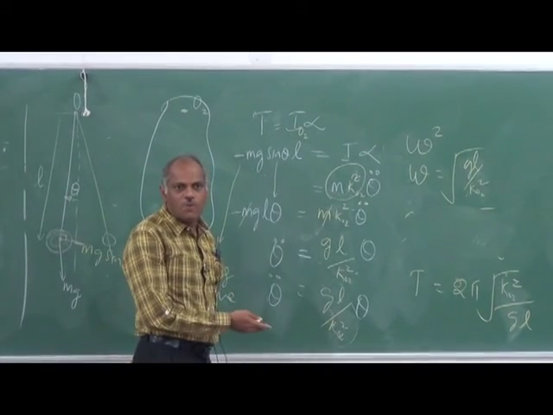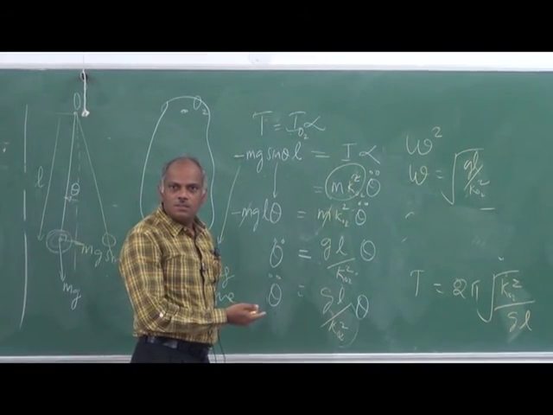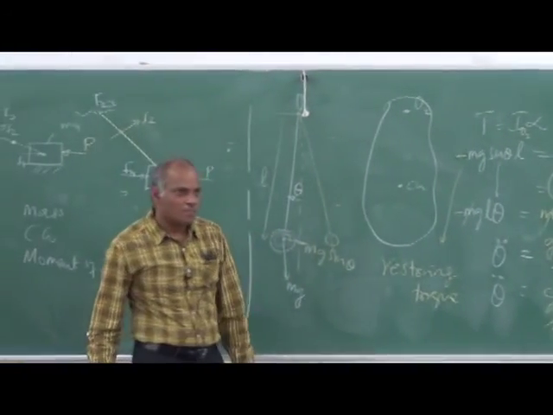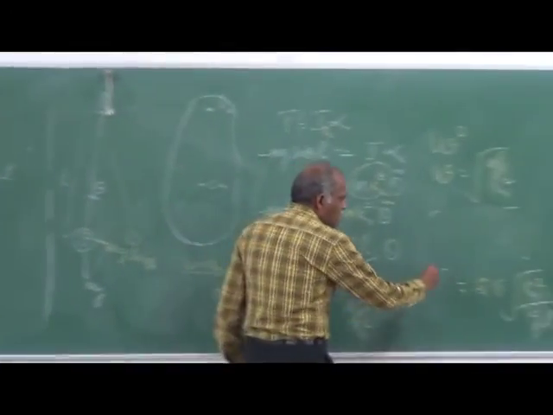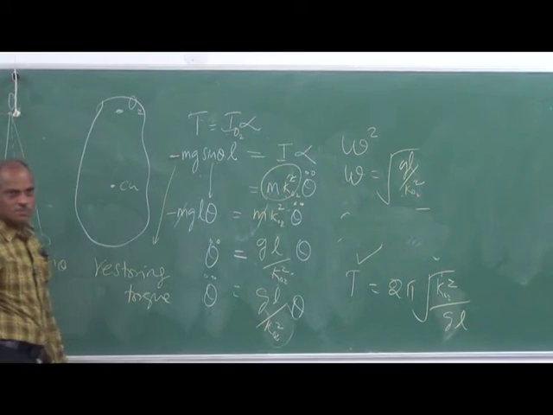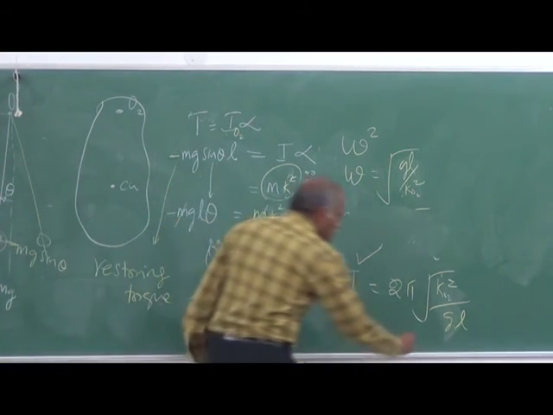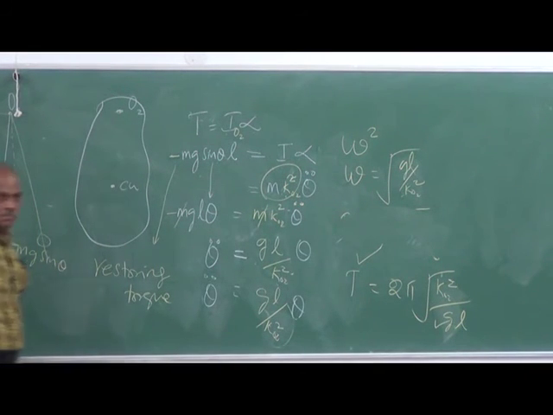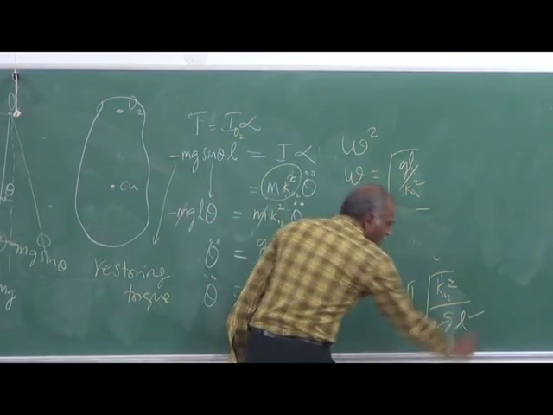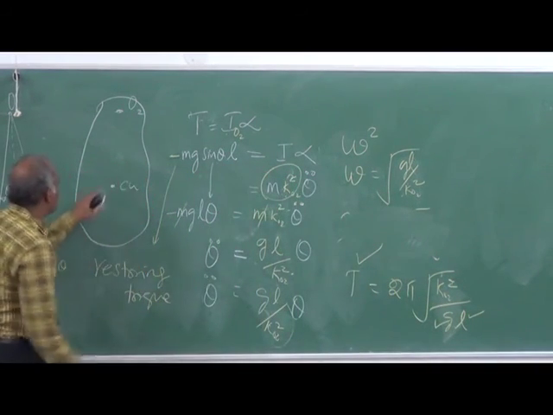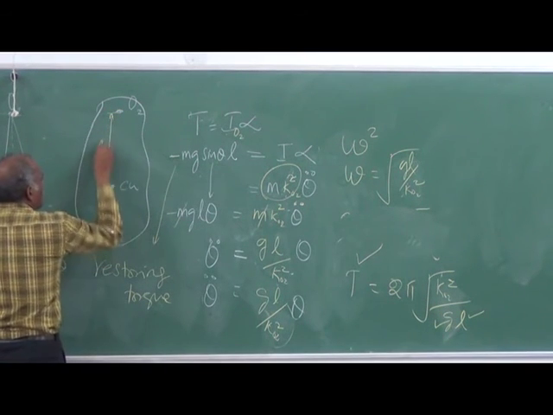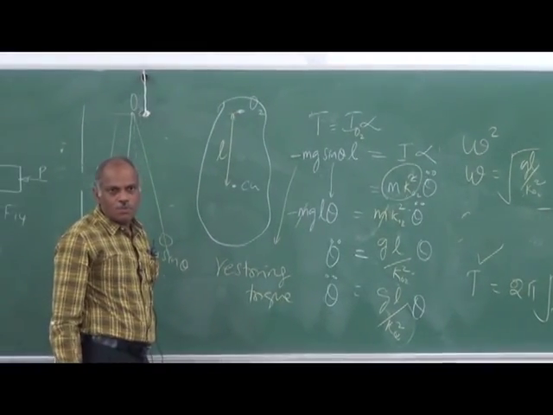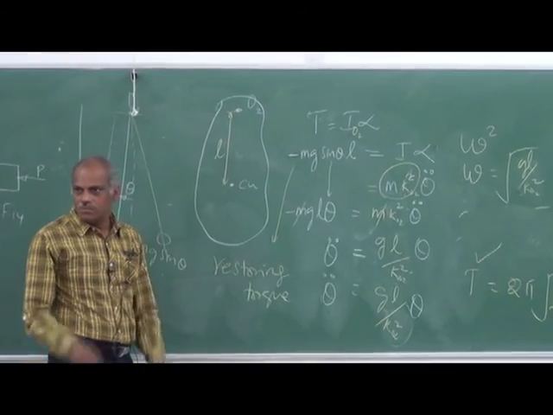Now you see whether it is useful for finding the moment of inertia of the pendulum. That's where we started. Now you see, the time period is what I could measure. g is a constant. L is the distance between the center of suspension and the center of gravity, so that can be found experimentally.